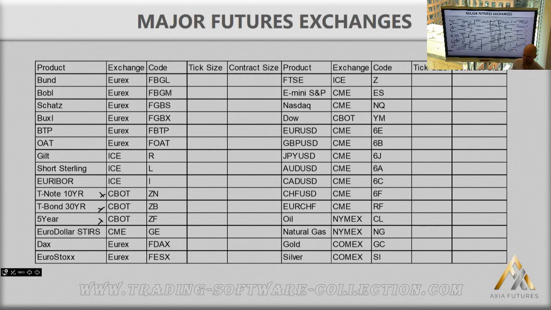Just for example, the ticks on a 10-year T-note work in 32nds. So you're trading at 112 and 3/32nds rather than just decimalised like everything else.